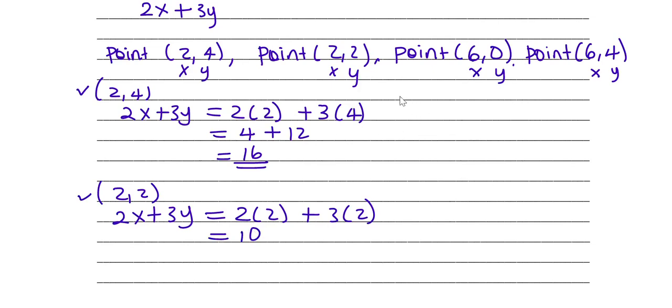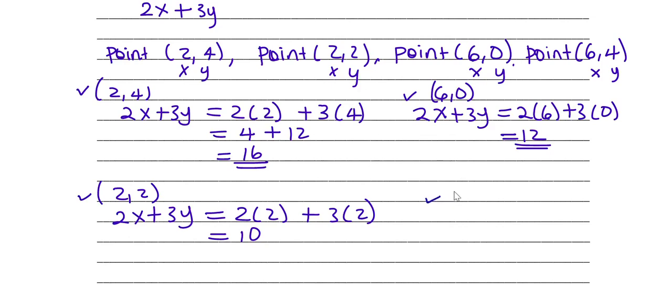And then now for the third point, third point is 6 and 0. So we shall have 2x plus 3y equals 2 times our x, which is 6, plus 3 times our y, which is 0. This gives us 12, right? Yes. And then we go now to the last point, which is 6 and 4.